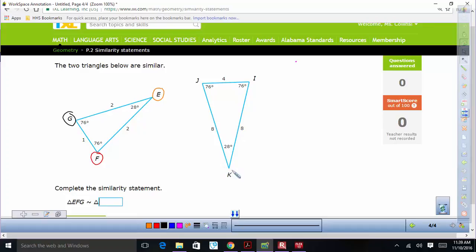So if we took this K part and flipped over this triangle so that it was going in the same direction like this, and then we had K up here, and we went in that same direction, it would be K to I to J. So that's what we're going to type in: K to I to J.